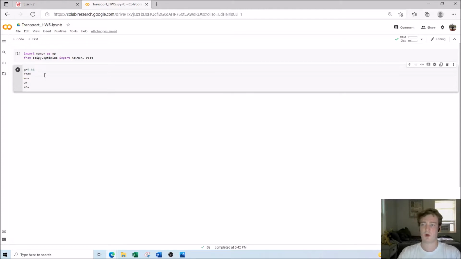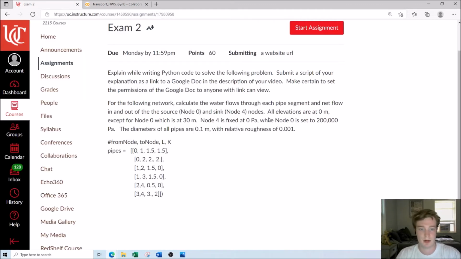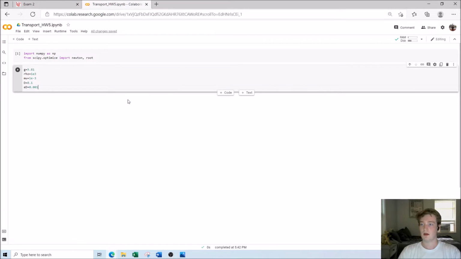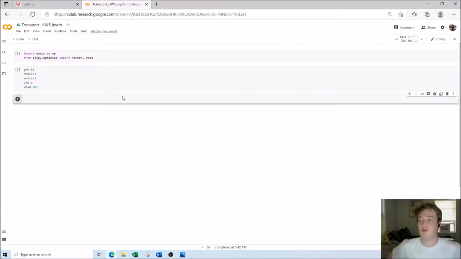The question stated that we're working with water, so the density of water is 1e3, while the viscosity is 1e-3. We were given the diameters of all the pipes, so that's 0.1, and the relative roughness we were given as well, so 0.001. And make sure that's right. Perfect. All right, shift enter, and we get to move on.